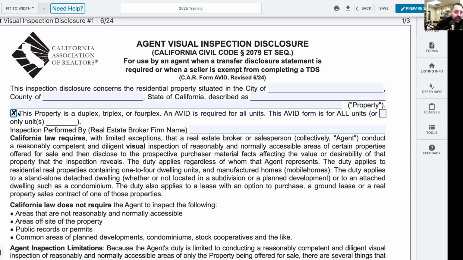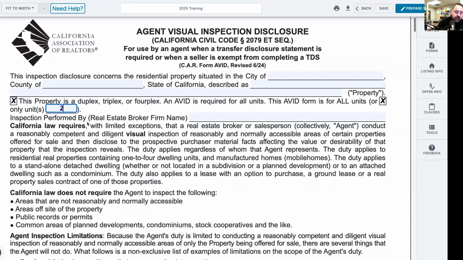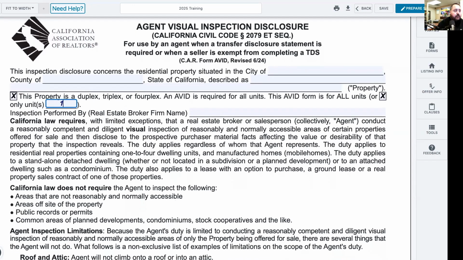But if you feel confident that you can get all your information in, the default is that this AVID is for all of the units. If you're going to do an individual AVID for each unit, and one of those individual AVIDs includes the exterior of the building, then you're going to check the box and put which unit number this is, 1, 2, or 3, right? You're going to put that in there.